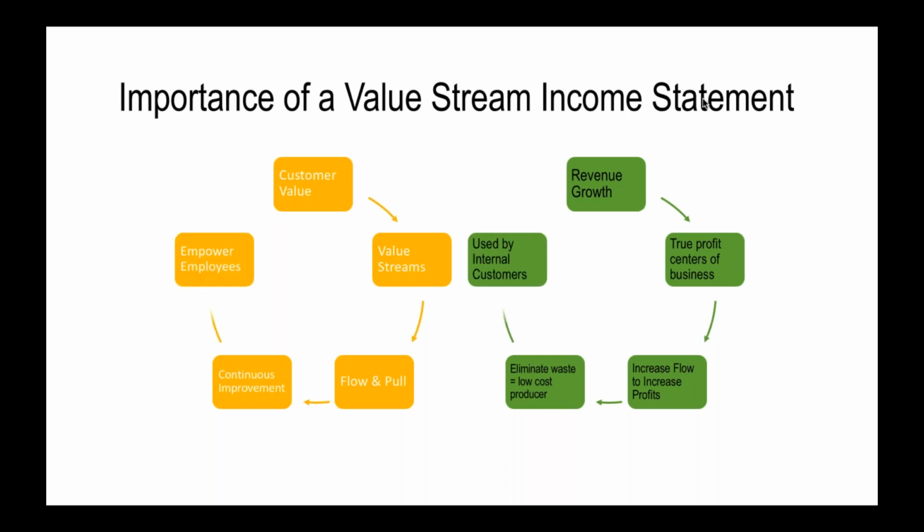And finally, the fifth principle of lean is empowering employees. A value stream income statement is designed for non-financial people, your internal customers, operational people, senior level people, and other people. So accounting, by creating value stream income statements and distributing them, is really delivering value and serving your internal customers.